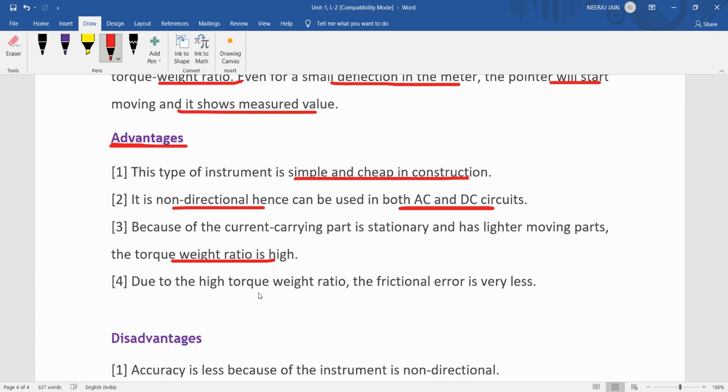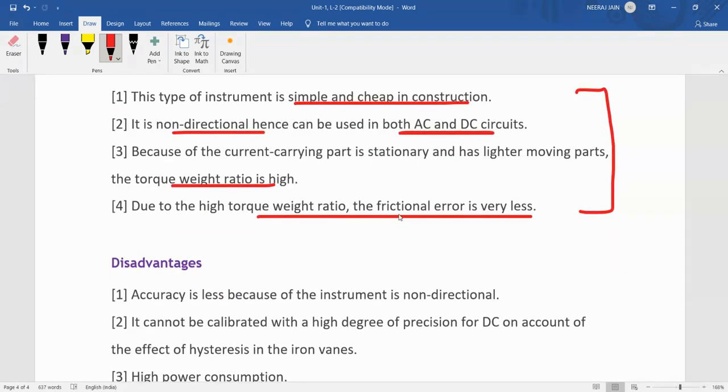Due to the high torque weight ratio, the frictional error is very less in such a type of instrument. So these are some advantages of the moving iron instruments.